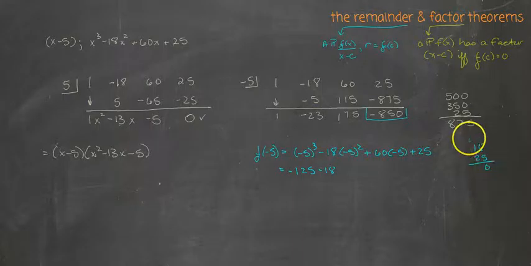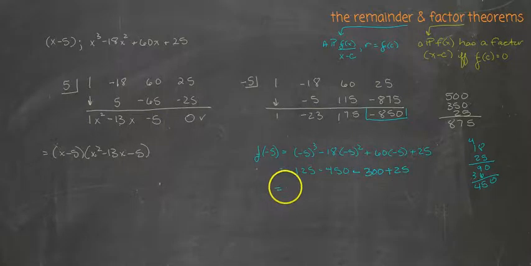That comes out to 450. So this is going to be a negative 450. Plus, nope, negative 60 times 5. 6 times 5 is 30 with another 0, so 300, plus 25.